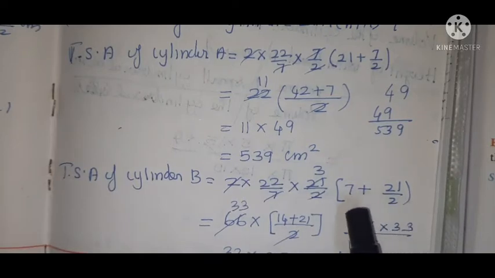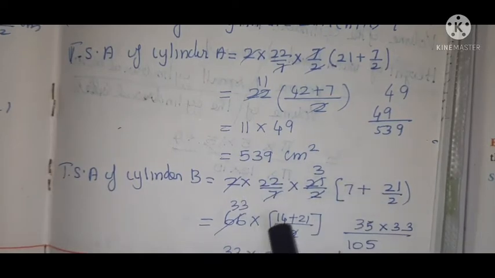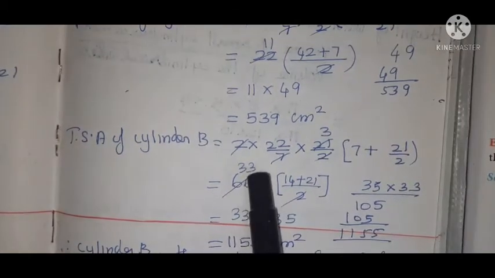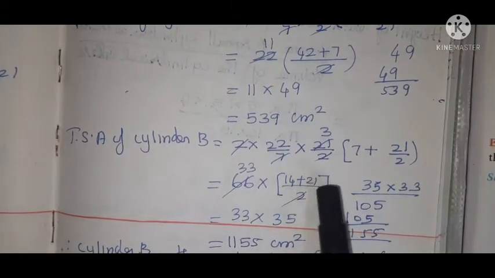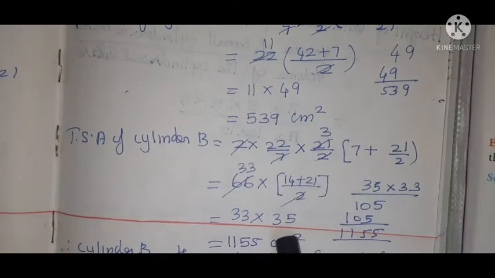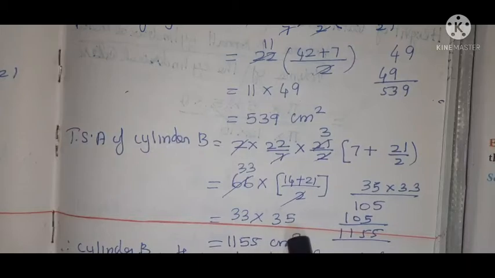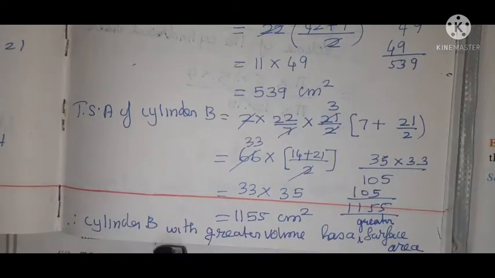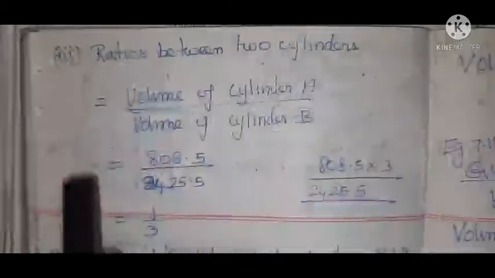Here 2 is LCM. 2 into 7 is 14. 14 plus 21 by 2. 66 divided by 2, we get 33. 33 into 14 plus 21 is 35. 33 into 35, we get 1155 centimeter square. Cylinder B with greater volume has a greater surface area.